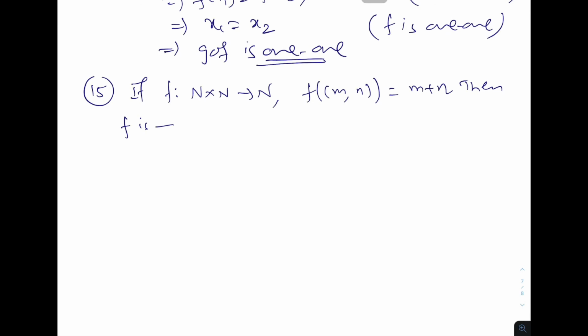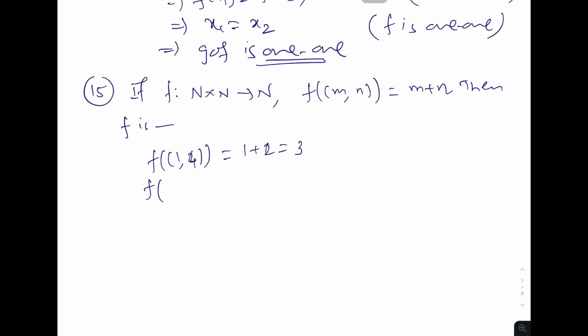So F is from N cross N to N, and the function is F of (m, n) equal to m plus n. So that is easy to check that it is not one-one. F of (1, 2) is 1 plus 2, that is 3.